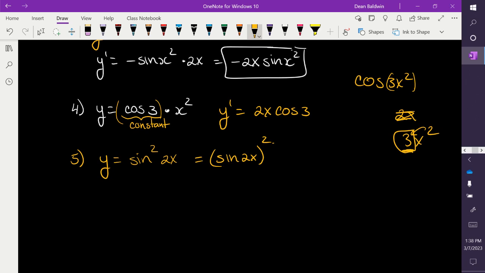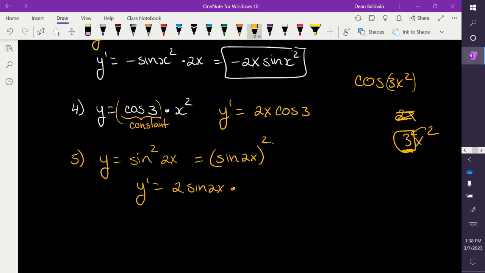There's the outside one, which is the square, then there's sine, and then inside the sine, there's the 2x. So you start on the outside and you work your way in. So y prime is, drop the 2 down, sine of 2x, take away 1, so it'd be to the power of 1, which we don't have to write.